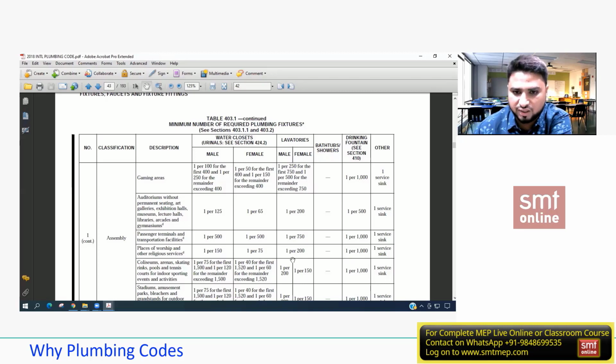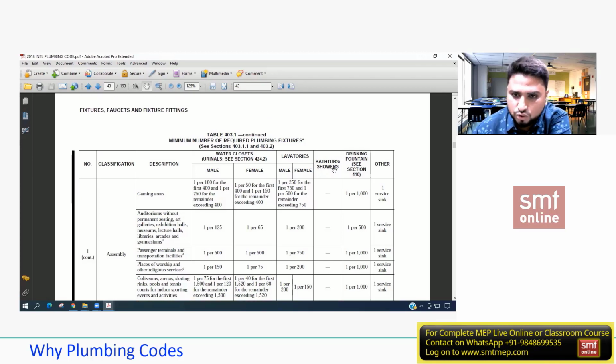Because it is 1 for 200, but the total number of persons is 300, even though it's a common hall. So as per this code, if I need 1 for 200, but here it is 300, then I need 2. So I can do 1 in male and 1 in female.